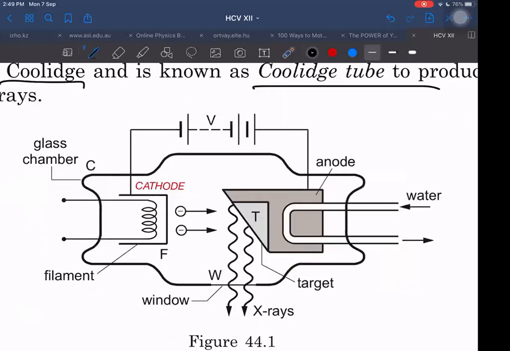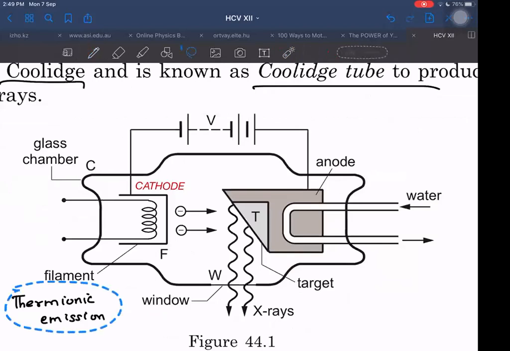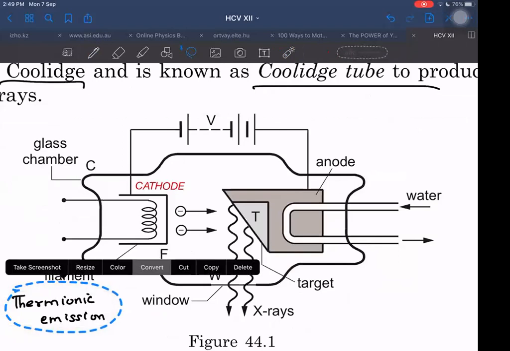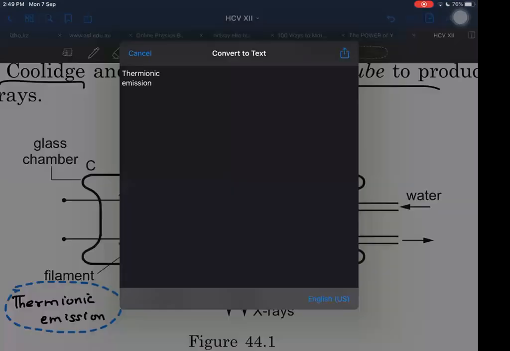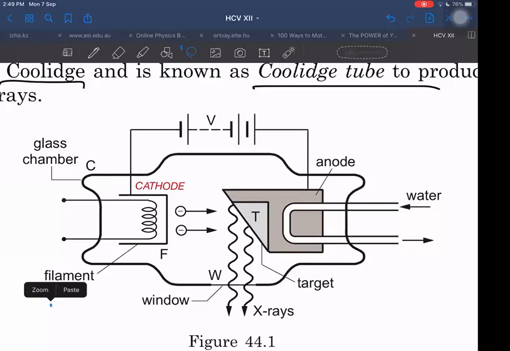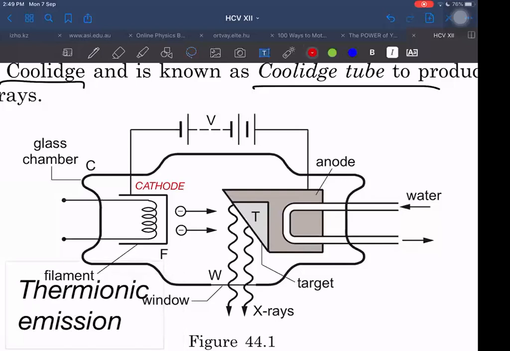What do you mean by thermionic emission? Thermionic emission means emission which is because of temperature. There is no photon incident on it, but even then there is an emission, and that is because of the temperature.